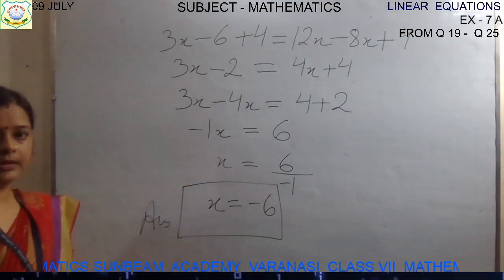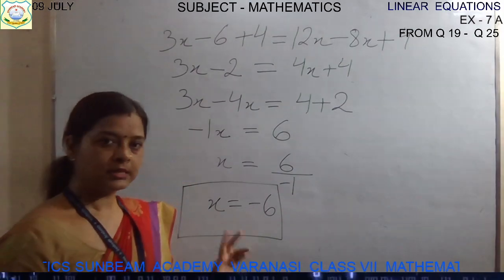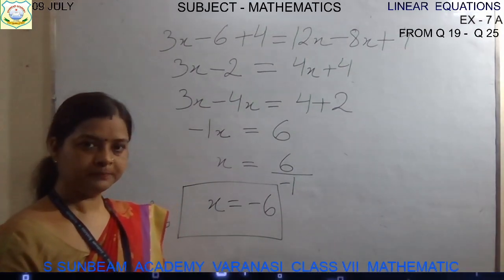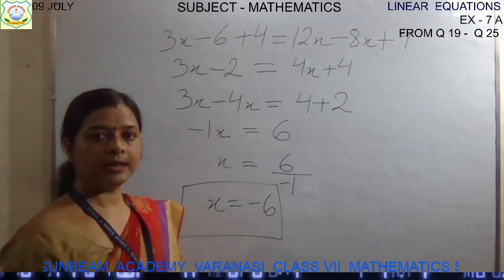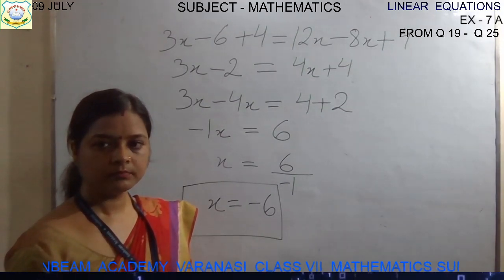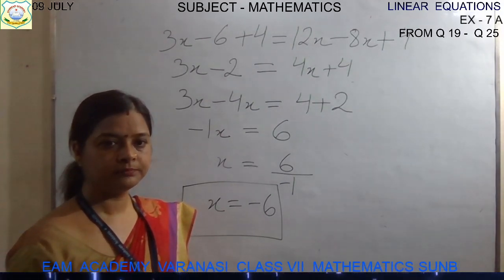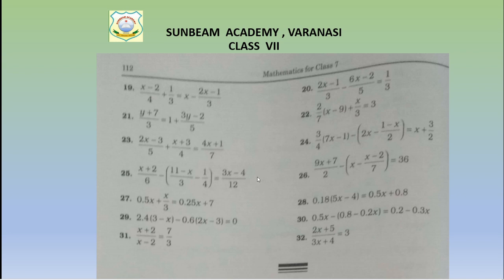In this way you can solve such questions. Clear? Now let's see the next question. Next question is question number 21. Y plus 7 by 3 is equal to 1 plus 3y minus 2 by 5.